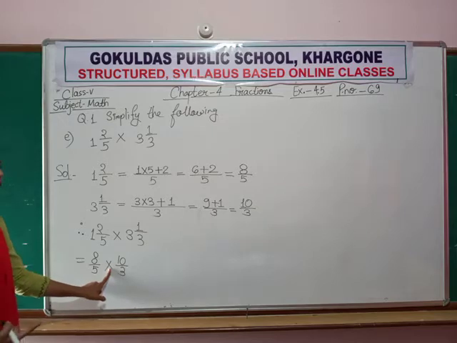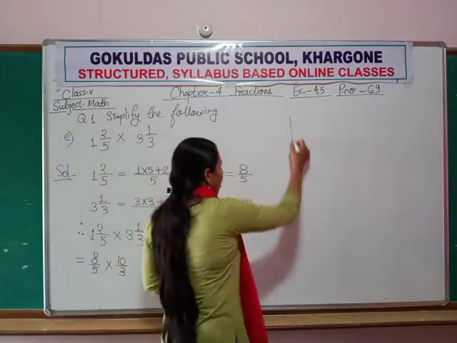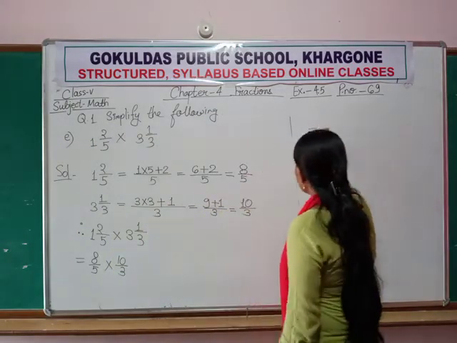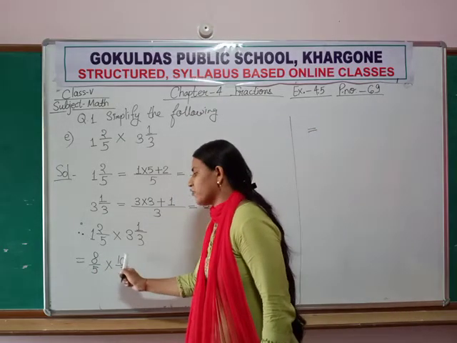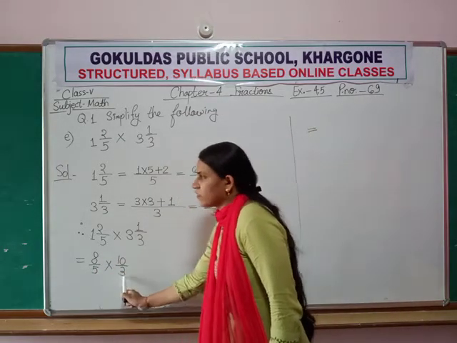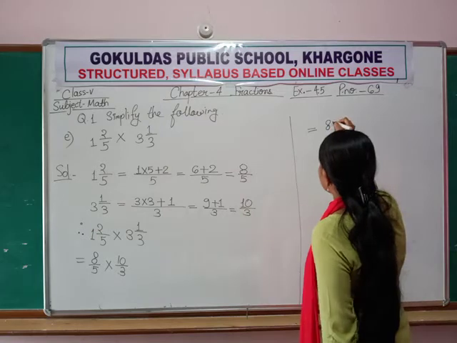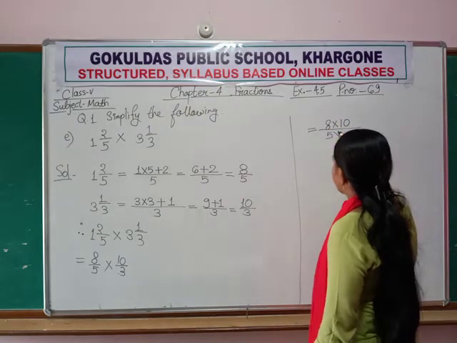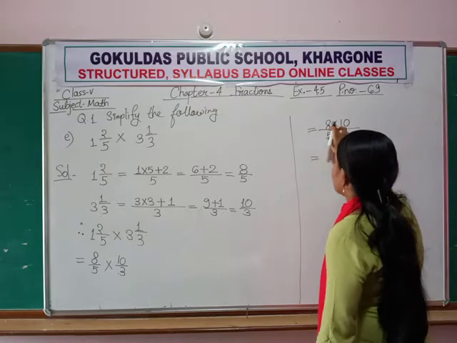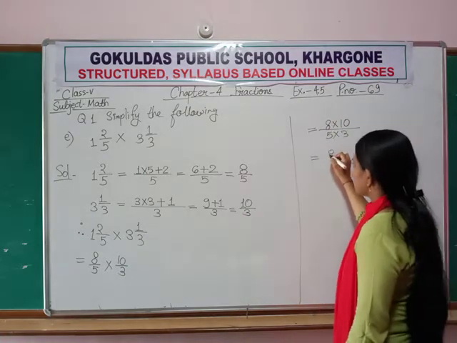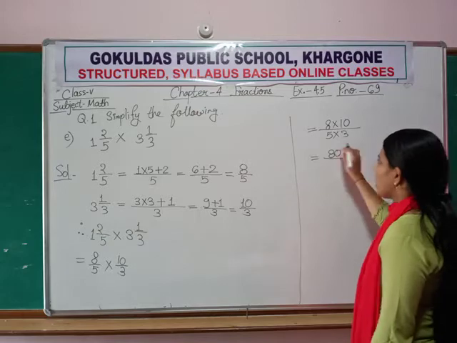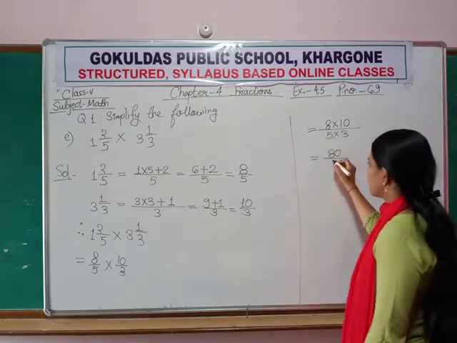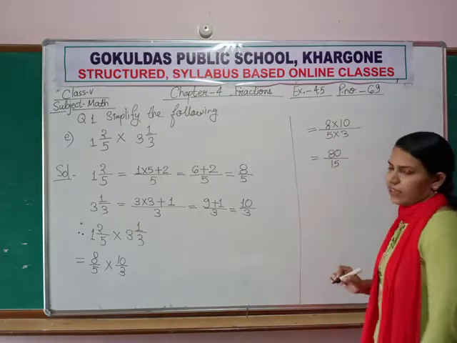So how do we multiply two fractions? We multiply numerator with numerator and denominator with denominator. So 8 multiplied by 10 over 5 multiplied by 3. Now 8 into 10 gives us 80, over 5 into 3 gives us 15.